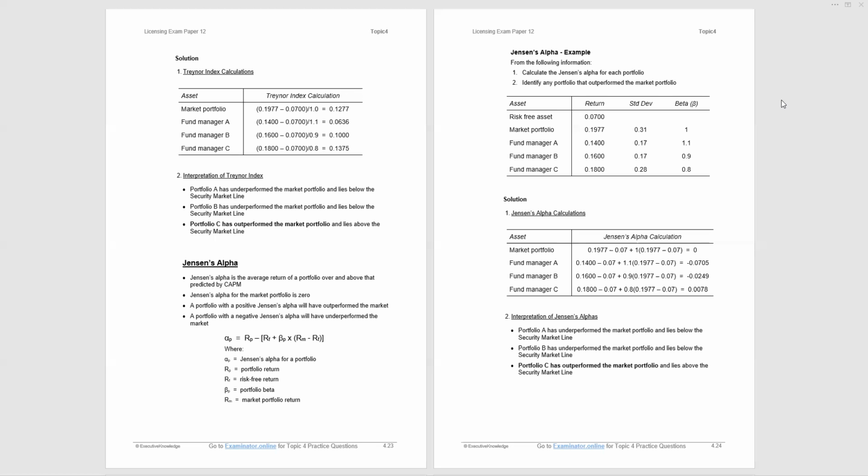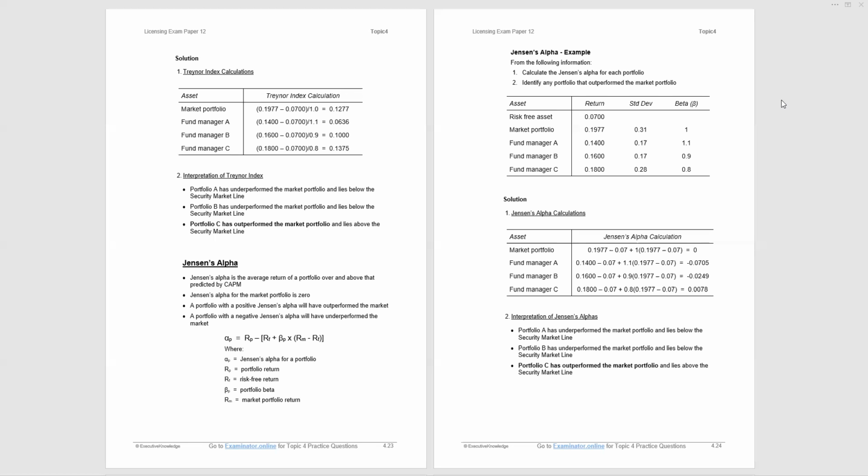Right, we do the same calculations, but for each return portfolio A, B, and C. So the return of the portfolio is 0.14, 0.16, 0.18, just moving down. For each of those, we deduct the return expected from the capital asset pricing model. The risk-free rate is the same in each case, 0.07, plus the beta of each portfolio, which is given to us, 1.1, 0.9, 0.8, and then we multiply each of those by the market premium, 0.1977, the return of the market, minus the risk-free rate.